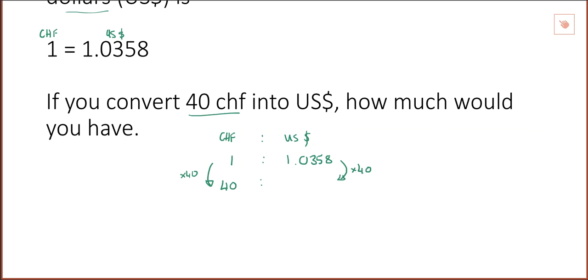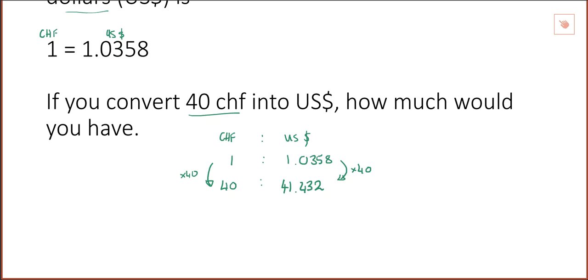On my calculator, I'm going to do 1.0358 multiplied by 40. I get 41.432. So not many more dollars, but I can check. I've got slightly more dollars than I did have francs, and that's correct.